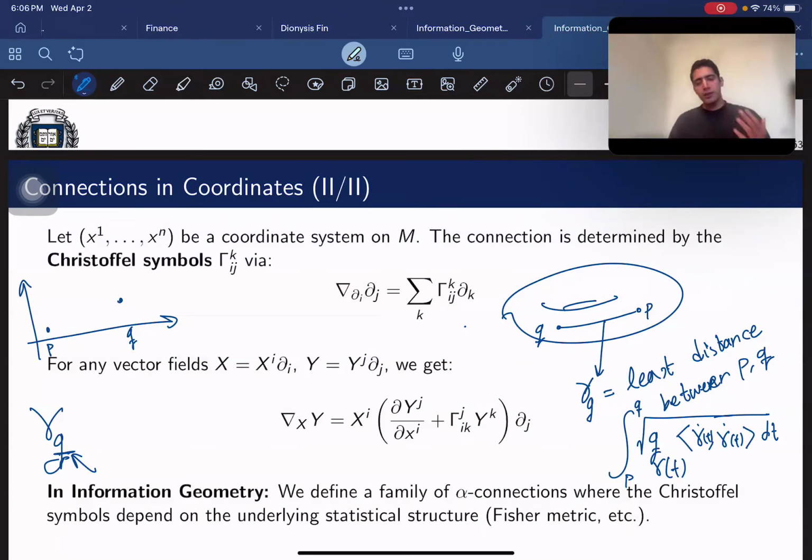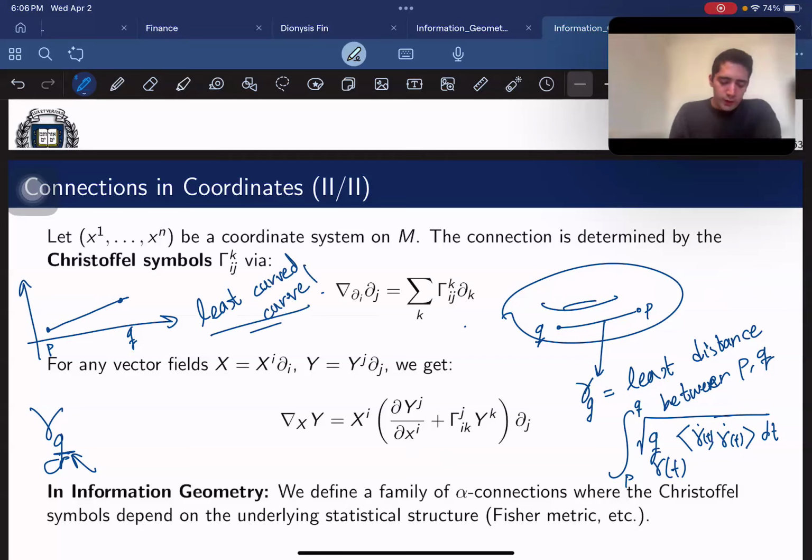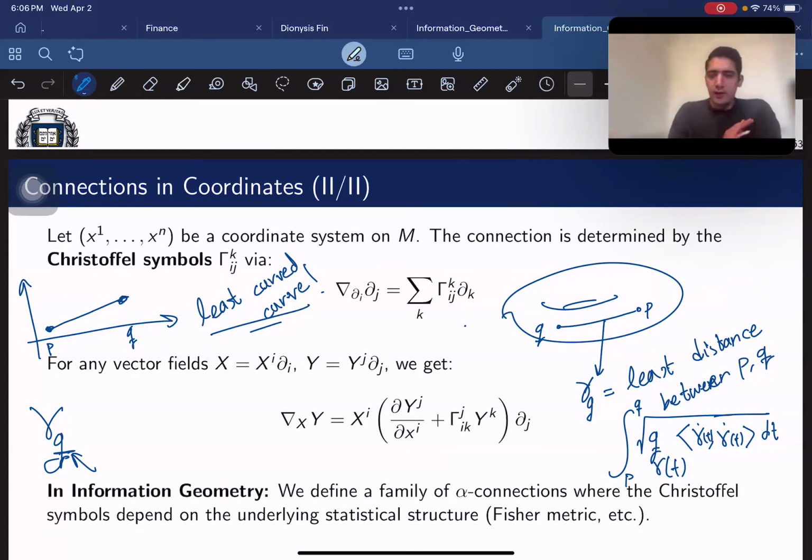It not only is the least distance curve, but there is also another intuition behind geodesic, which is the least curved curve. So there is no curvature in the line. So already we have two different generalizations we can have for lines.